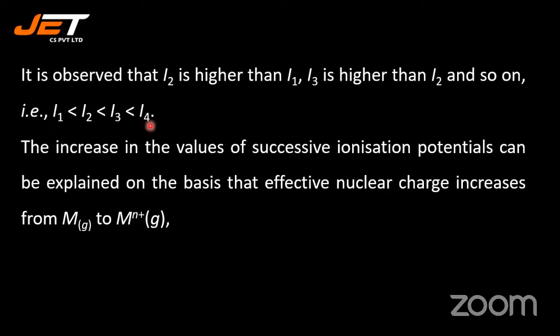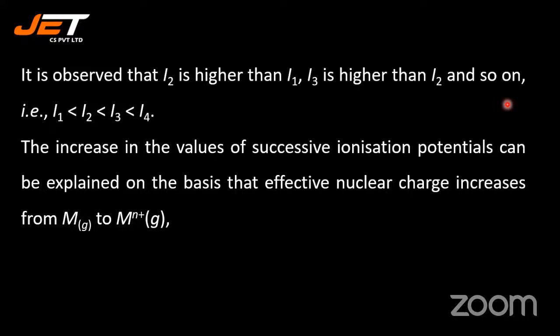So I4 is more than I3, I2 and I1. If there is I5, that will be greater. If there is I100, it will be I100. The more you spend energy to remove an electron from the innermost shell, the more will be the energy spent.